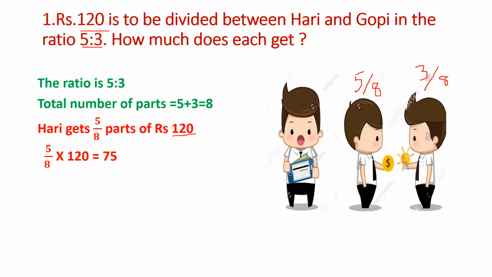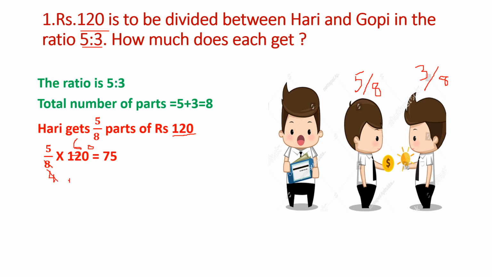Whenever you get 'of', you can make it into a multiply sign. So 5 by 8 into 120. When I solve this, 2 4s are 8, 2 6s are 12. And then again I can cancel by 2.